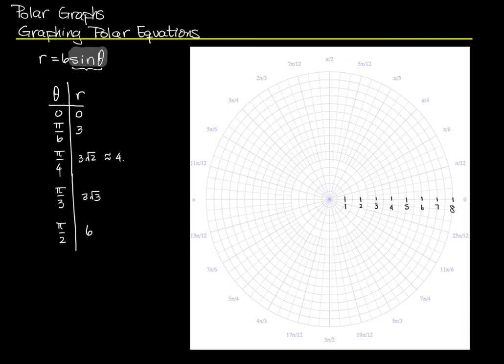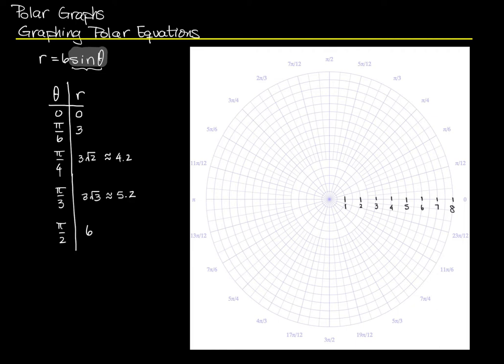I don't need that much to graph it. 4.2 is quite adequate. My scale here is fairly small and tight, so I'm not going to be able to graph anything more accurately than that. 3 times the square root of 3 is 5.196, so I'm going to call that 5.2. Oops, forgot my decimal point there.